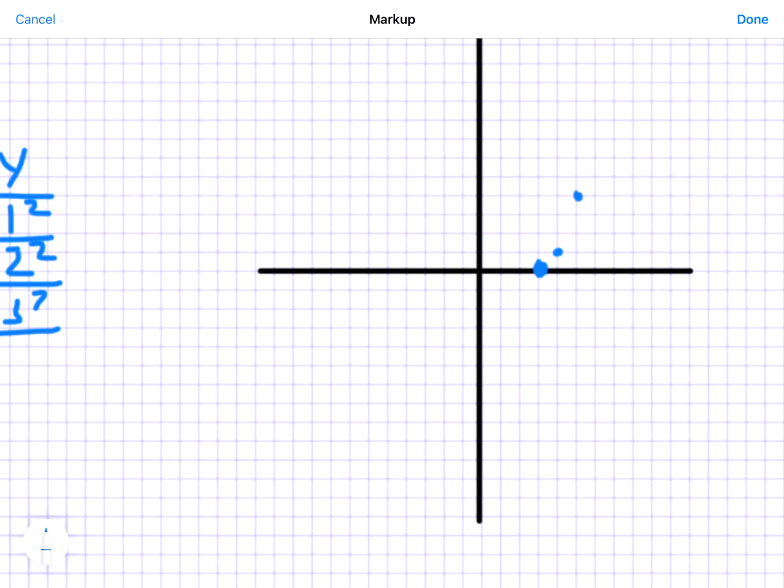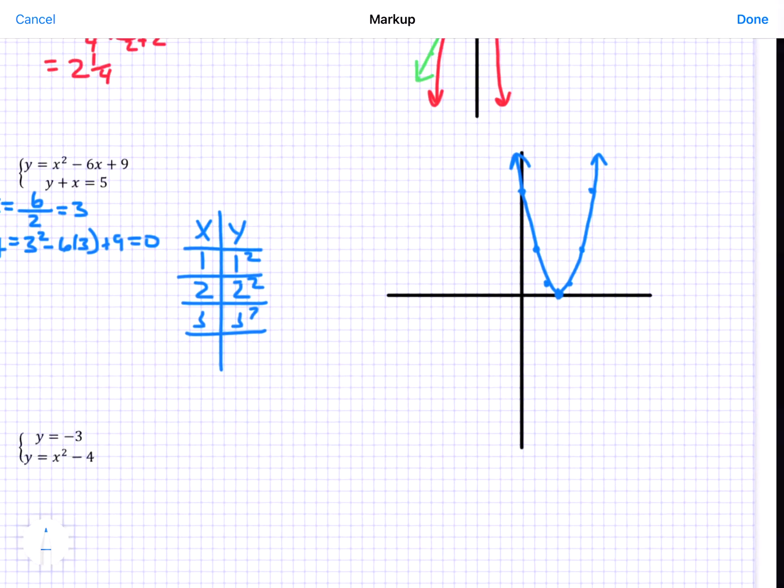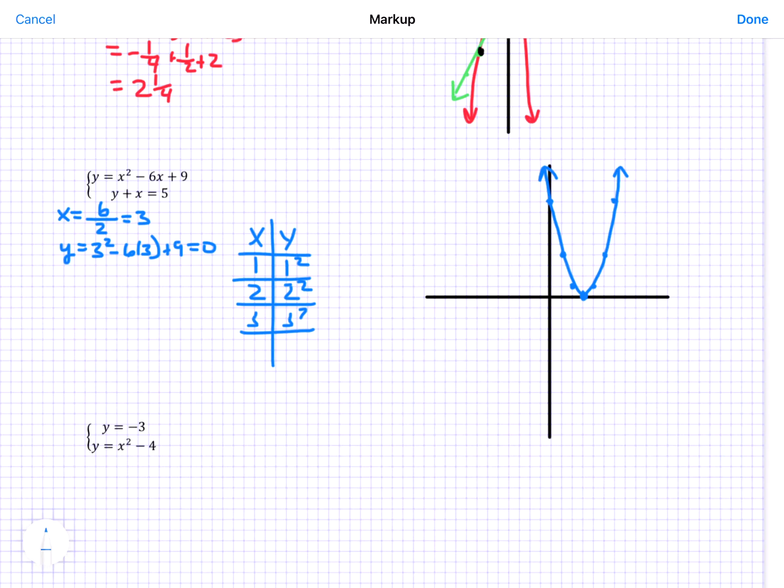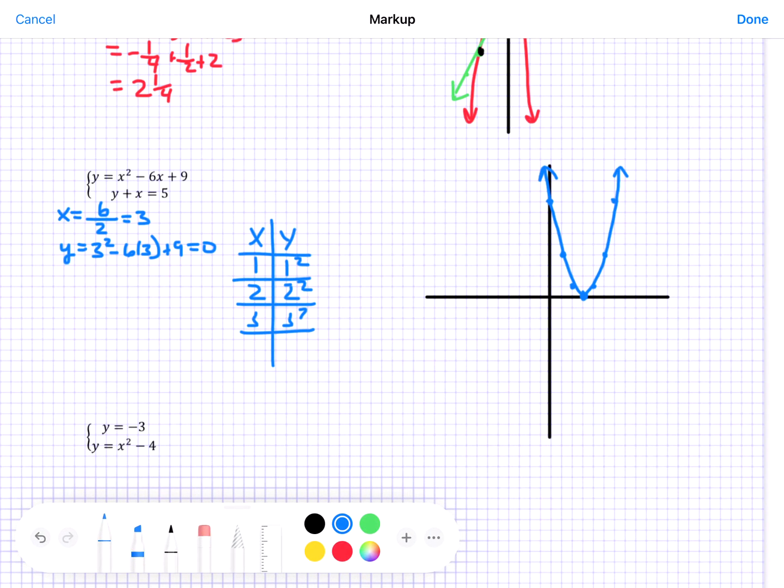When I move right 3, I'm moving up 9. And then it mirrors it on the other side of the vertex, or the axis of symmetry. So you can see my graph for the quadratic looks something like that.